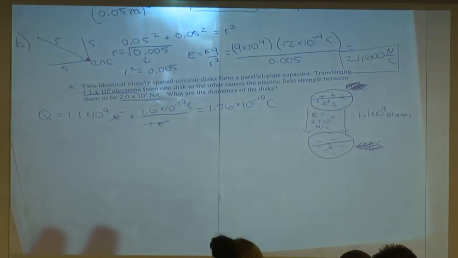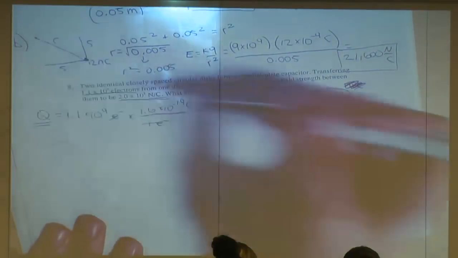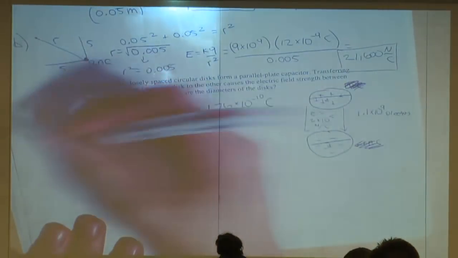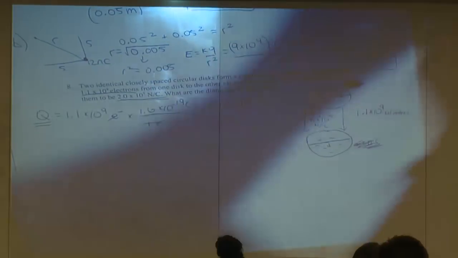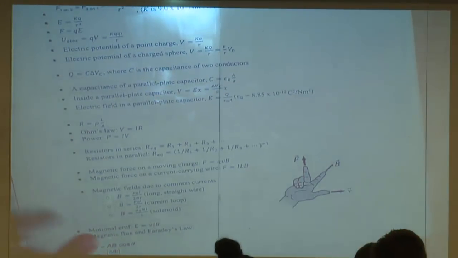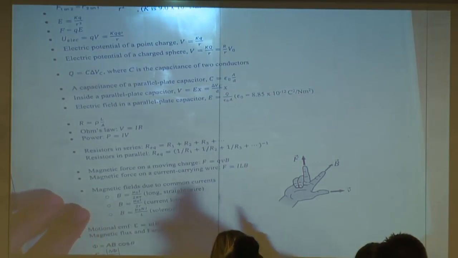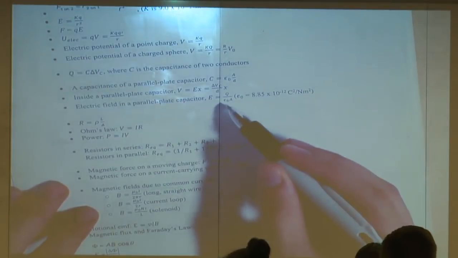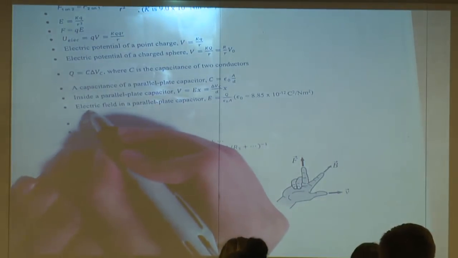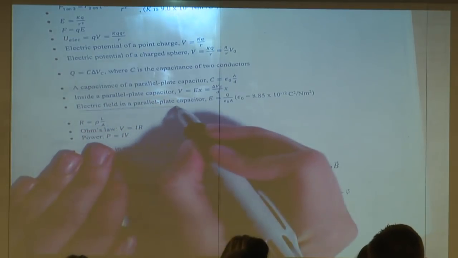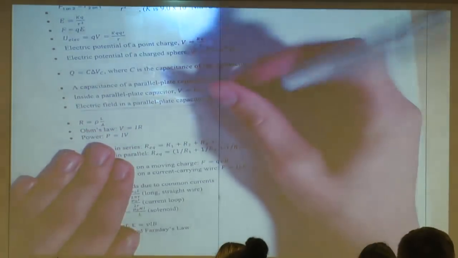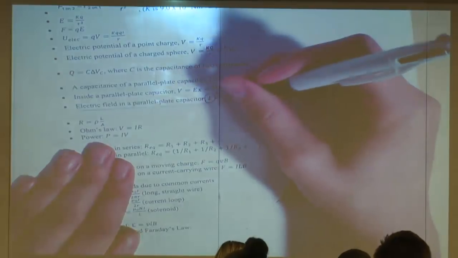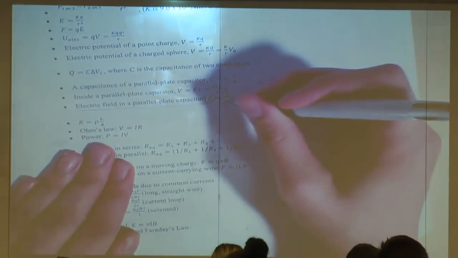All right, so now we have what Q is and we have what E is. So now let's look at our equations. So this is the electric field inside a parallel plate capacitor. We're given E, and we know Q. And this is a constant right here.